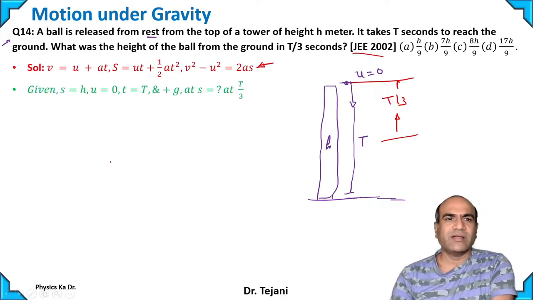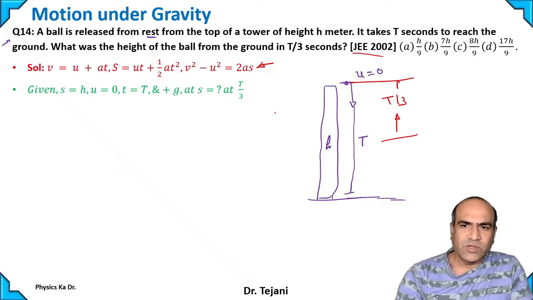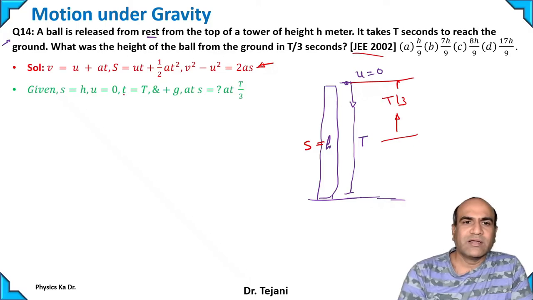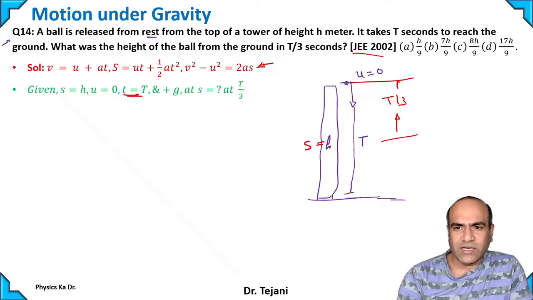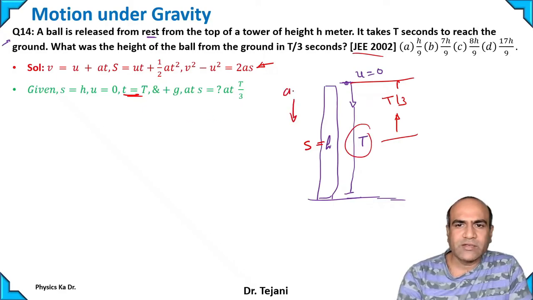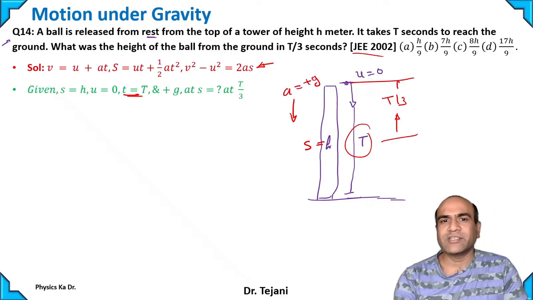We have the universal equations already. Put the equation in and let's start. First, the total height s is equal to h. The time taken for the total travel is t, right? And since it is moving from top to bottom, acceleration is equal to plus g, direction doesn't matter.